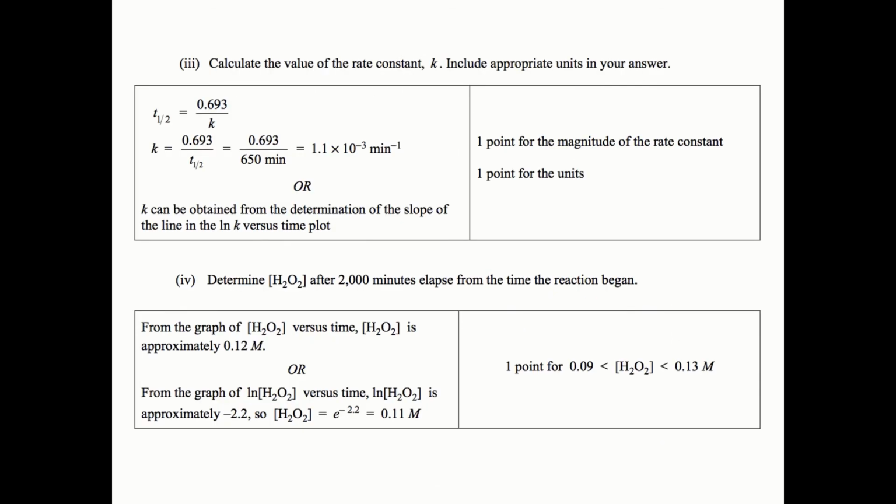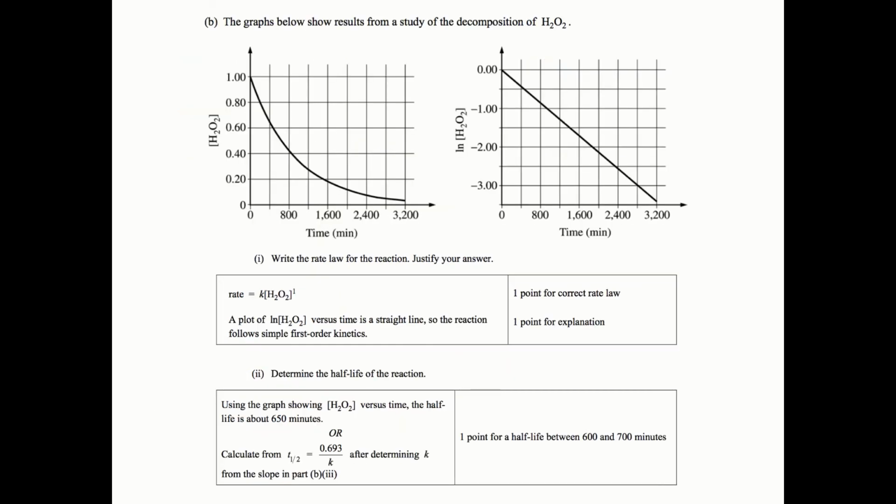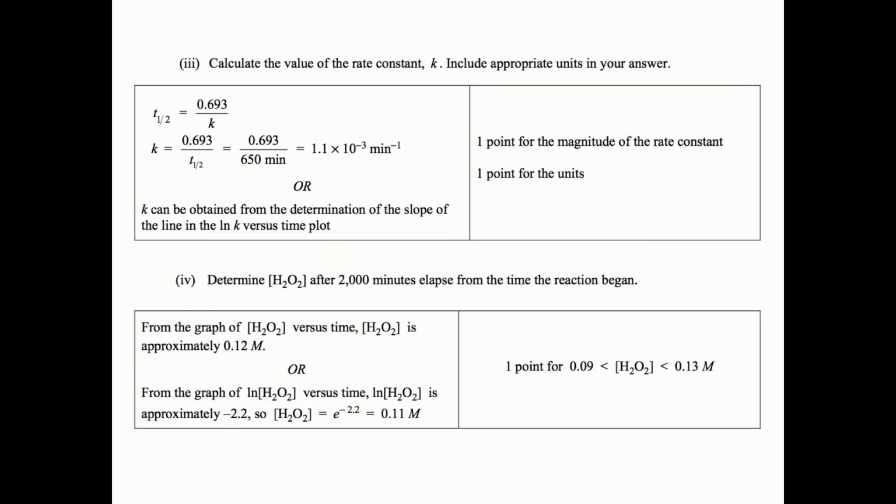The other thing that you could also have done is plug the values into the first order equation: ln of A_t equals negative kt plus ln of A naught. You'll be solving for ln of A_t, and ln of A naught is just going to be 0. You got your k before, and you have 2,000 minutes, so you can actually calculate A_t if you want to do it that way. Or you could just use your graph.